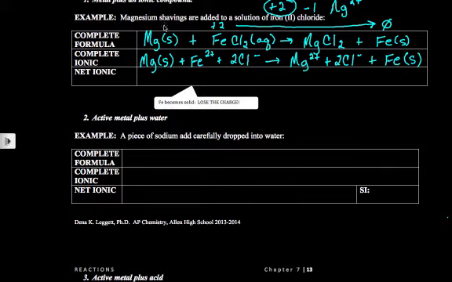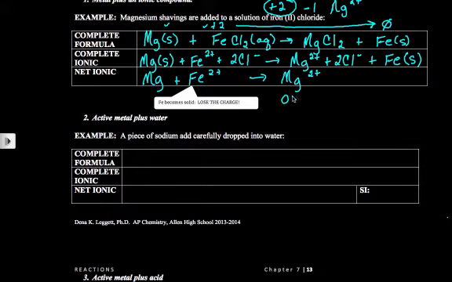Now, there are 2 species on the reactant side, but one of them is an element. That's how you know it's a single replacement, not a double replacement. So magnesium, the chloride becomes a spectator ion, and magnesium goes from 0 to plus 2.